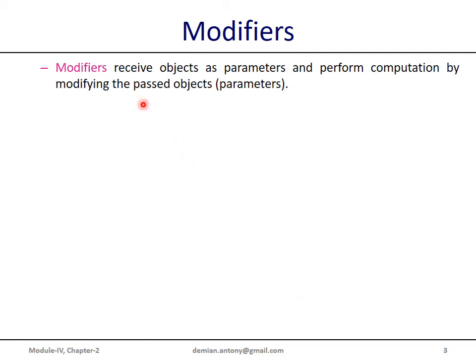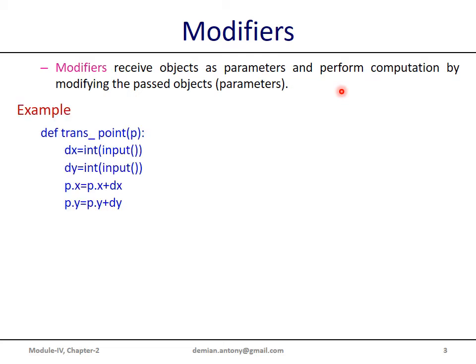A modifier is a function which receives objects as parameters and performs computation by modifying these parameters, I mean object parameters. Let us understand by taking a simple example. We'll take up the same class point and we write this function called translate point.